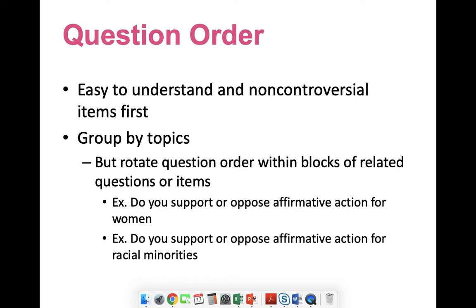So what they found is that when the question about affirmative action for racial minorities was asked first, fewer people supported it than when it was asked second. So again, just something to think about. Question order can really matter, and how people answer earlier questions can affect their answers to subsequent questions.